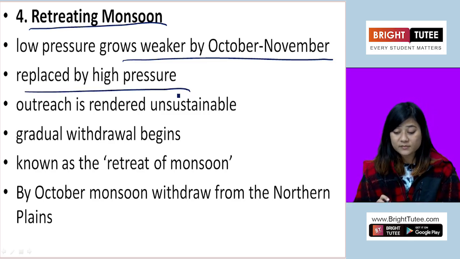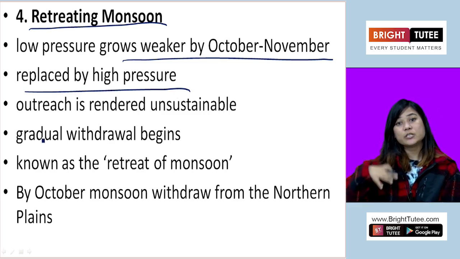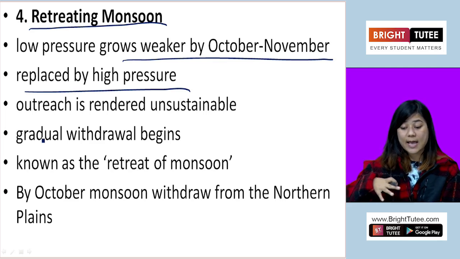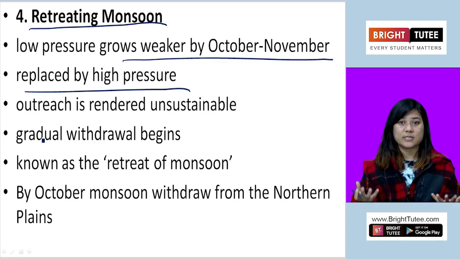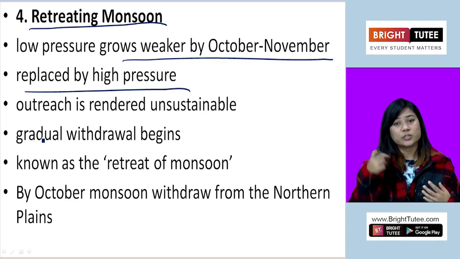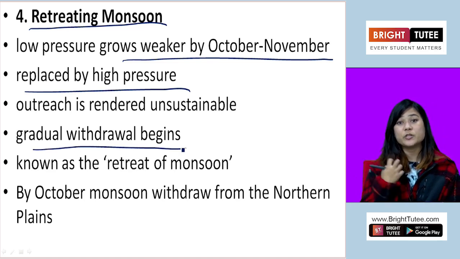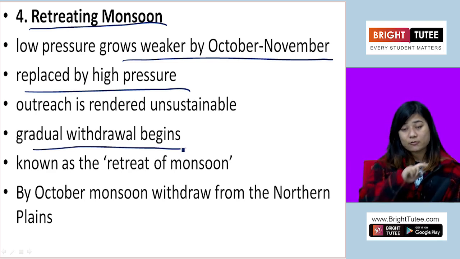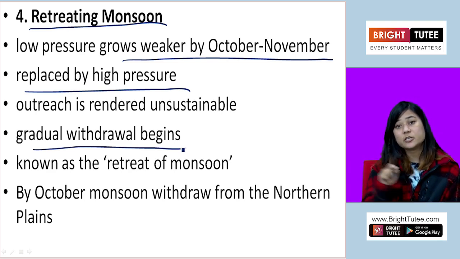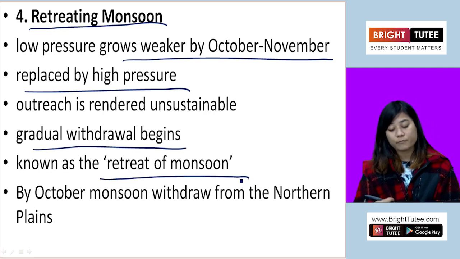And as the outreach of the southwest monsoon wind gets exhausted, as it can no longer shed moisture, it gradually begins to withdraw, to return. That returning of the southwest monsoon wind is called the retreat of monsoon.